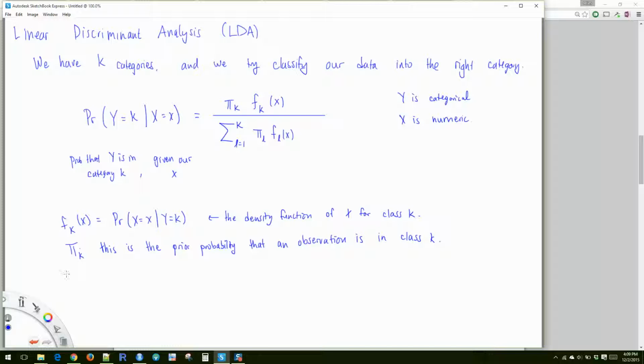Okay, pi sub k is easy to estimate. You could supply it prior information, okay? But pi sub k is easy to estimate if you don't have priors. Just count how many observations are in each category.